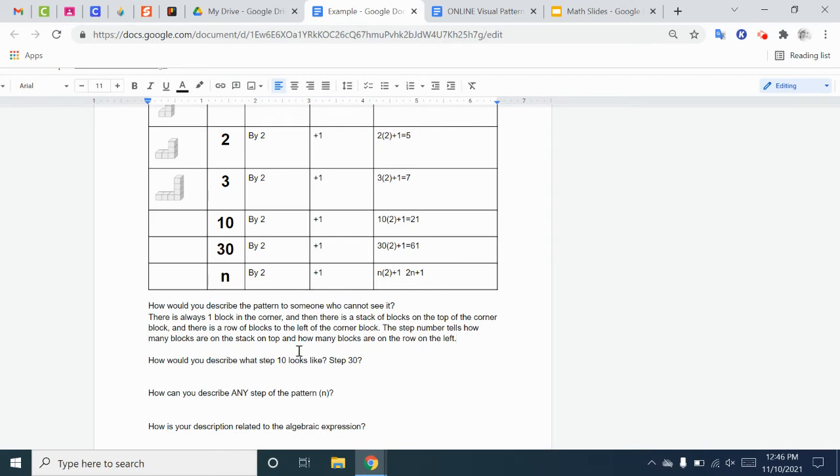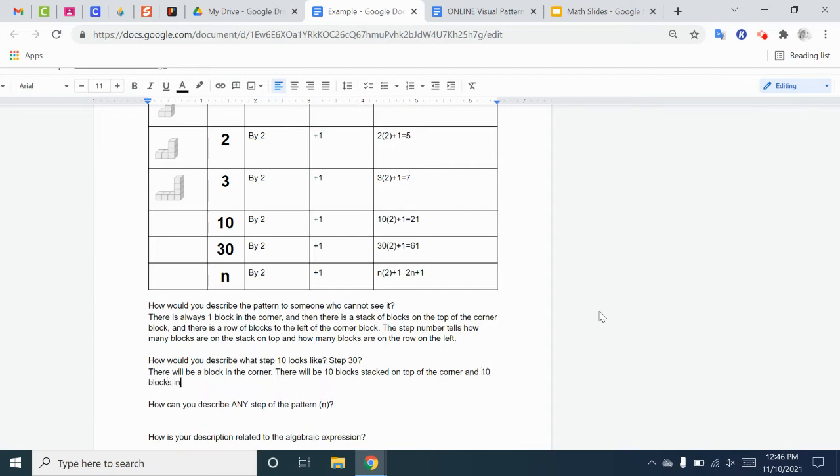So how would I describe what step 10 looks like? For step 10, there will still be a block in the corner. And since it's the 10th step, there will be 10 blocks stacked on top of the corner and 10 blocks in a row to the left of the corner.